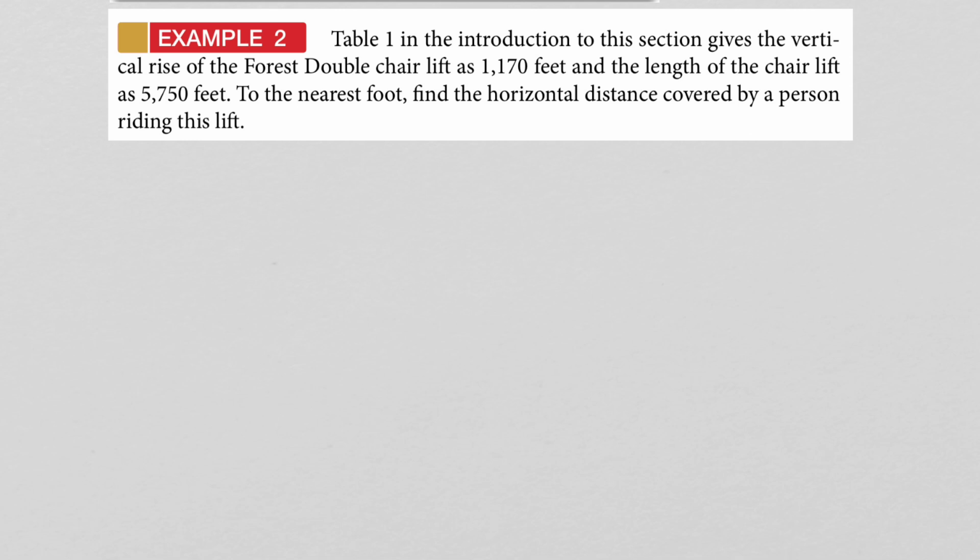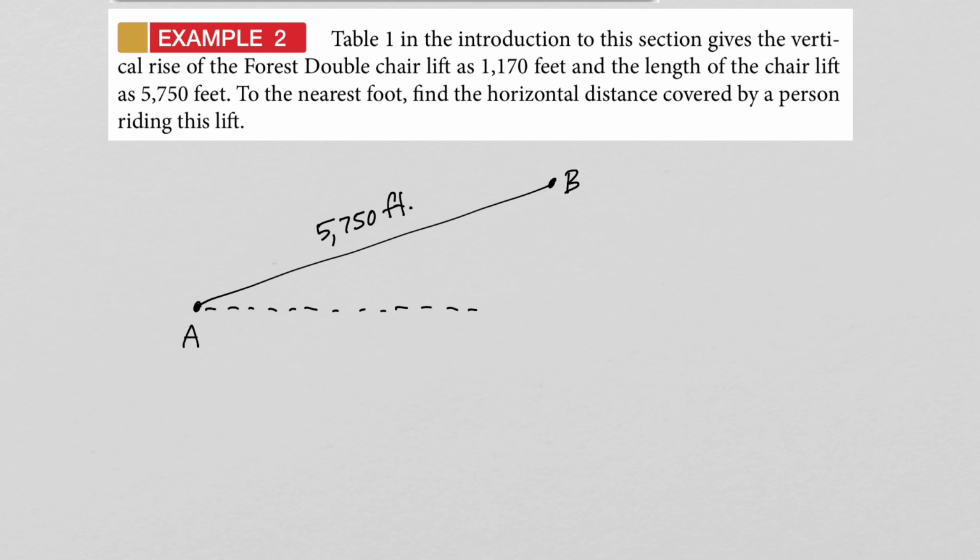Okay, so a ski lift basically takes you from a point A, which is lower, up to a point B, which is higher. And we know that the total distance traveled is 5,750 feet on this lift.